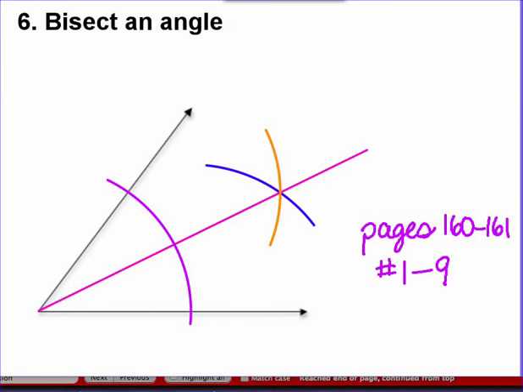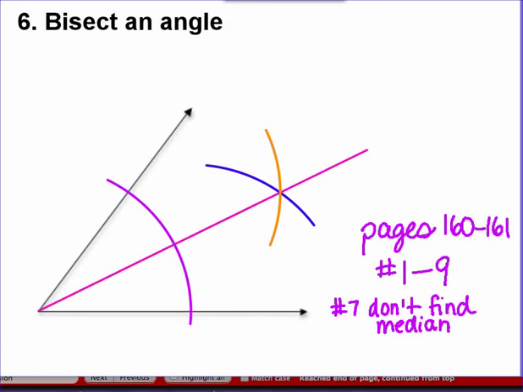On 7, it says construct triangle RAP with median PM and angle bisector RB. On number 7, I don't want you to find median PM. Don't find the median, but I want you to find the angle bisector.